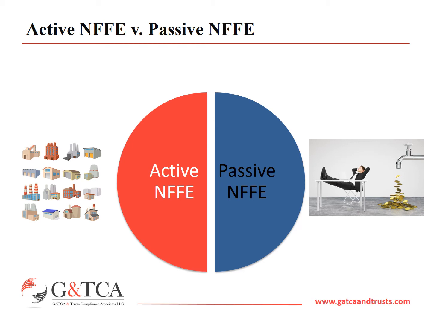And if you can think back to the US taxpayer who is trying to hide behind an offshore structure, the sorts of structures that US persons are going to hide behind, if they are NFFEs, are almost certainly going to be passive NFFEs, earning passive income, not operating companies or any of the other types of active NFFEs. So FATCA, when it comes to NFFEs, is primarily concerned with passive NFFEs.